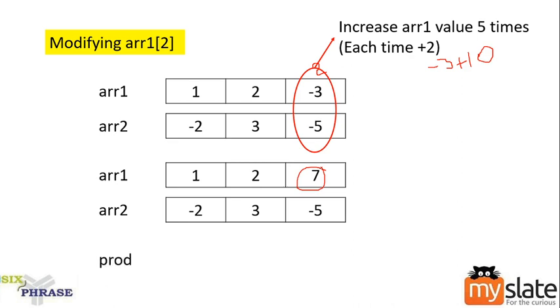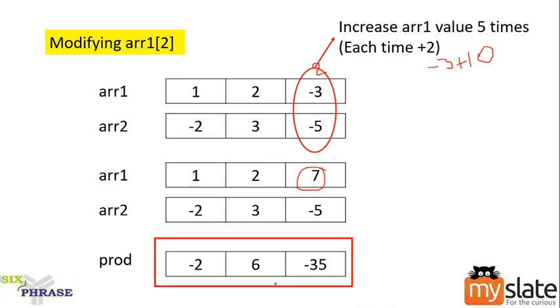So what is the product? Product will be 1 into minus 2 is minus 2, 2 into 3 is 6, 7 into minus 5 is minus 35. So now add all the three values. When I add them, the answer will be minus 31. Right? Minus 31 is lesser than minus 11. Previously I got minus 11. So this value is even lesser.